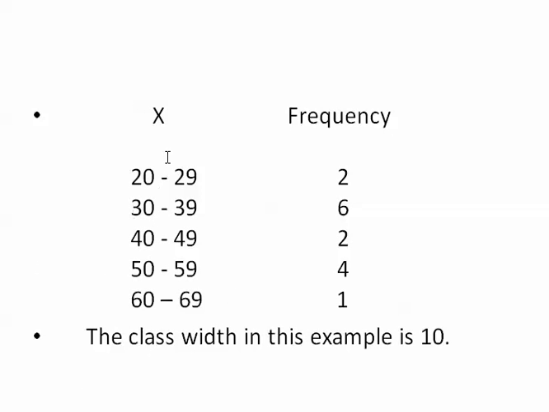And what if instead of doing this, we had a different table in which the intervals were 0 to 49, and then 50 to 99, and then 100 to 149, and then 150 to 199.